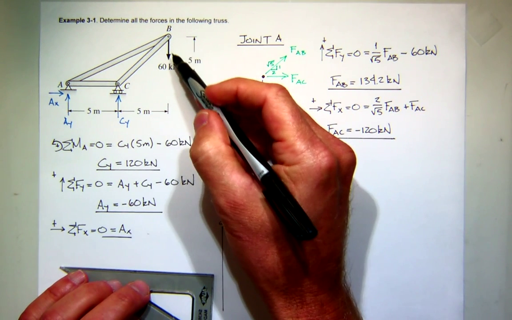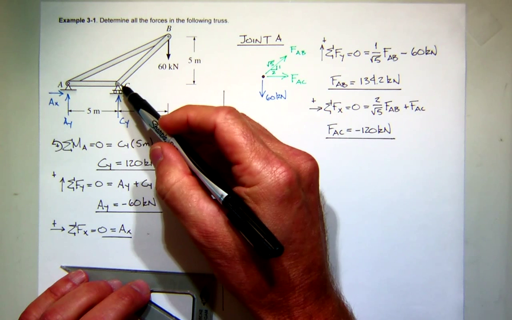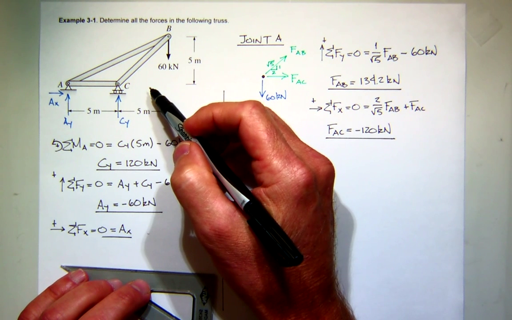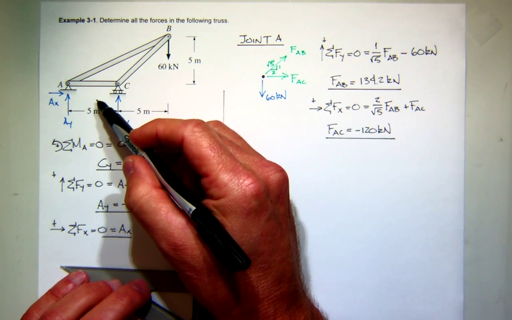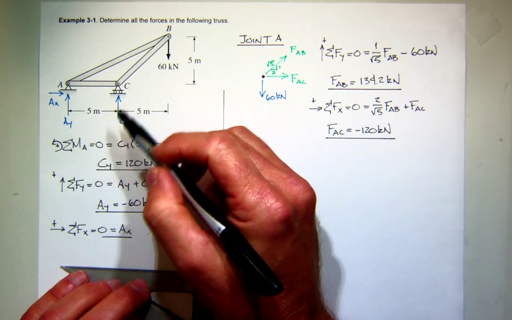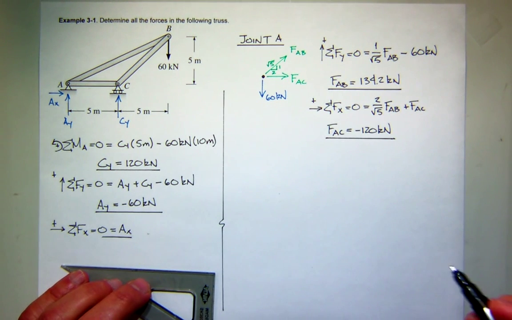As this force pushes down, is point C going to move to the left or to the right? What do you think? Yeah, so it moves to the left. That means AC gets shorter, compresses. So you can actually think of how the structure might move to help you see compression and tension.